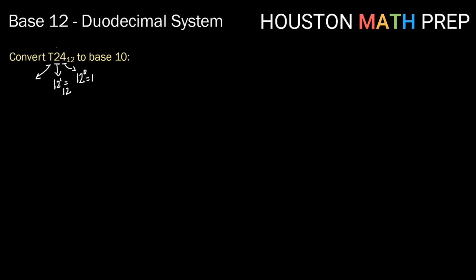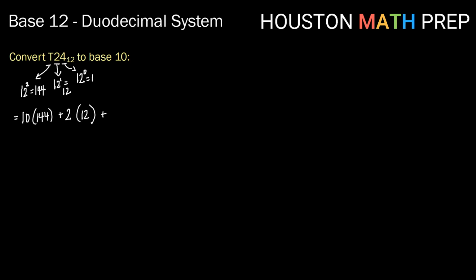And the next place value over is groups of 12 squared, or 144.